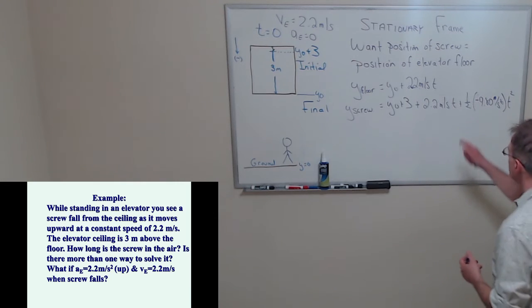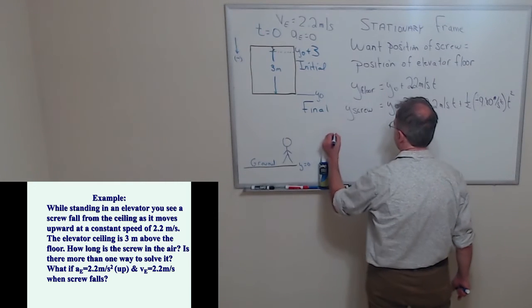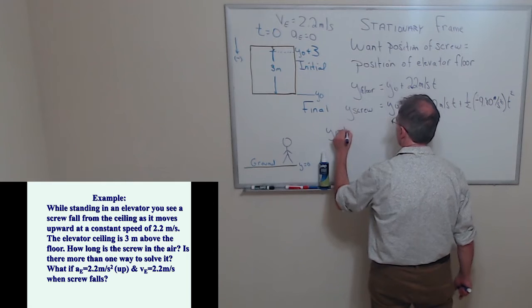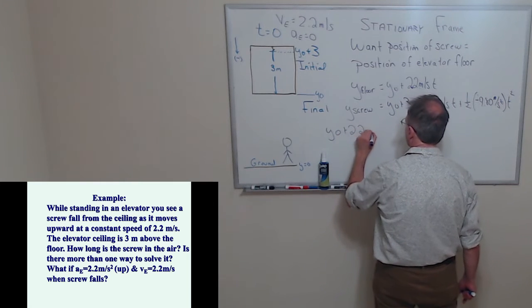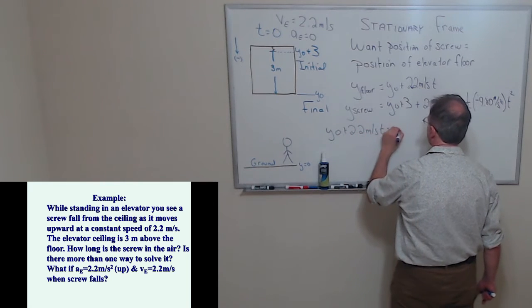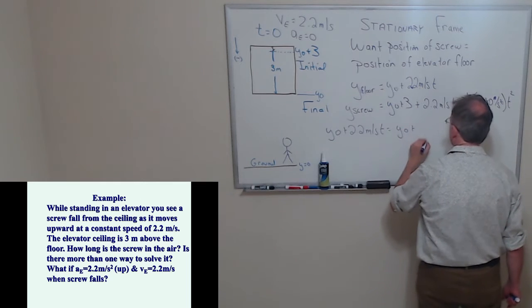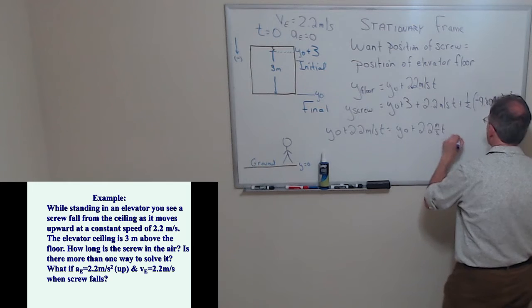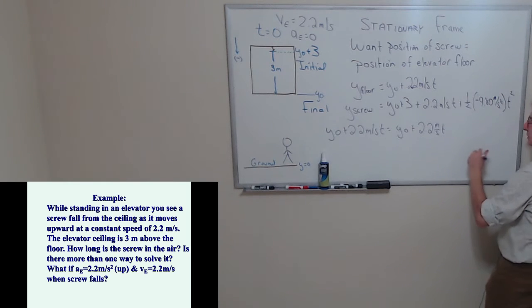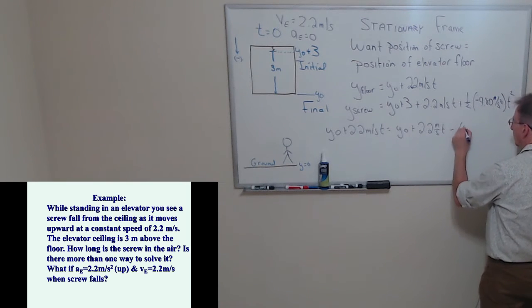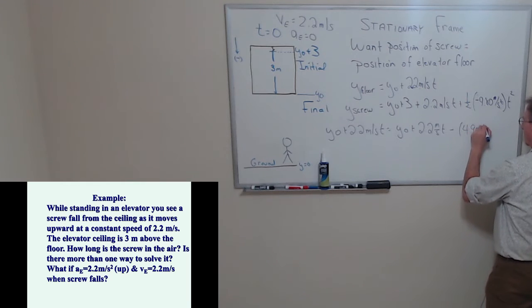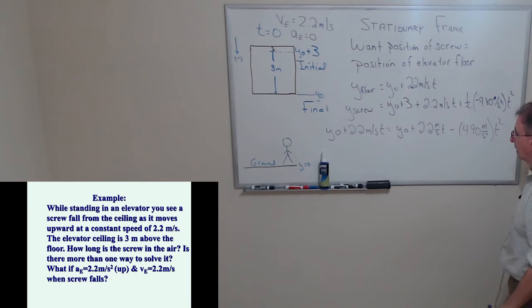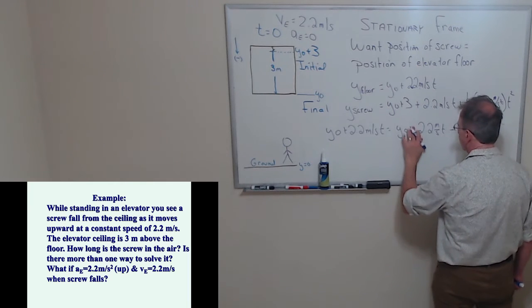Okay, so let's set these two equal to each other. Now remember, half of 9.8 is 4.9. And I forgot the plus 3 here, sorry.